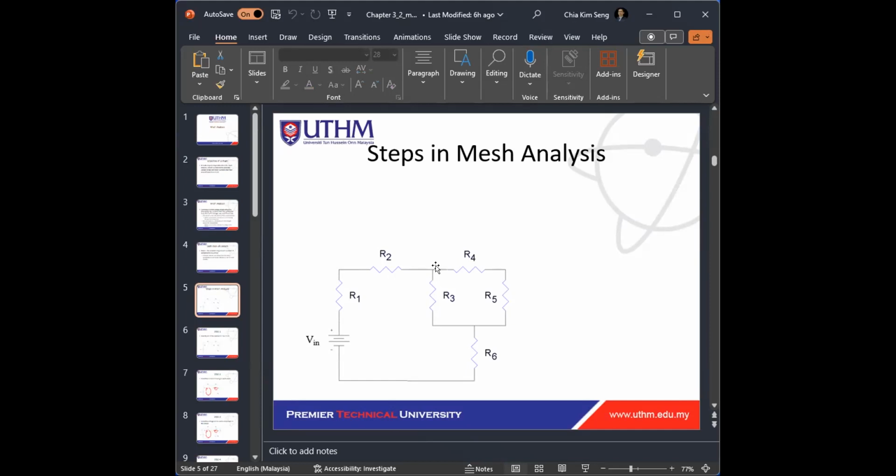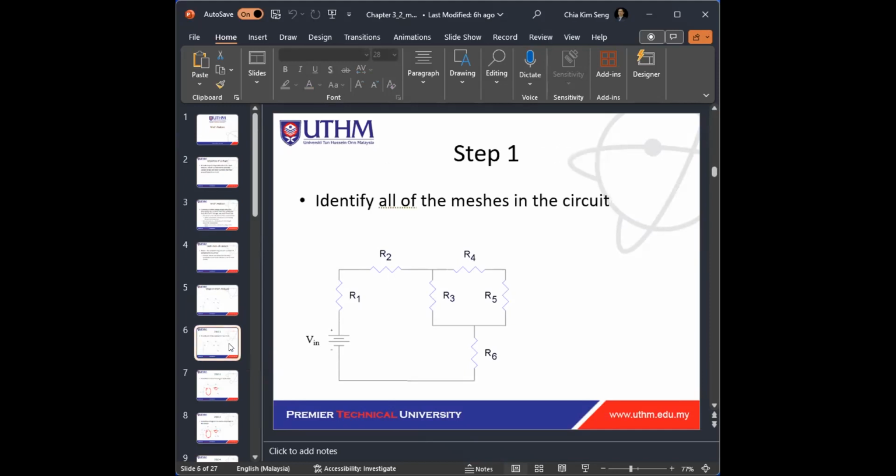So it's slightly complicated. But when we're using the mesh analysis, it will be much simpler. So sometimes, if you are not required to use a specific method, you need to choose which is the easier one for that question. Both of them have pros and cons, so it depends on the question.